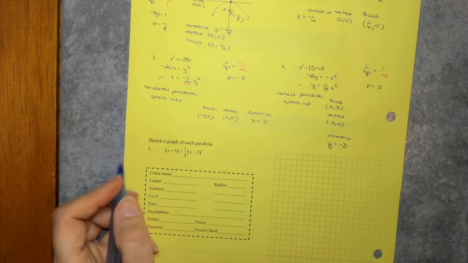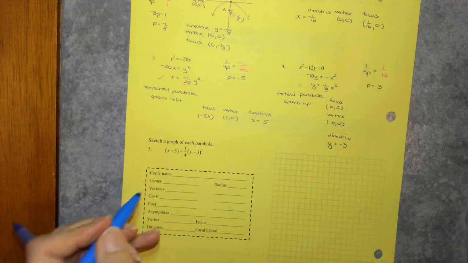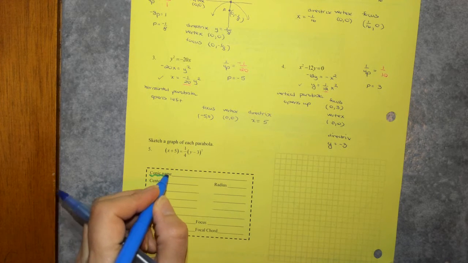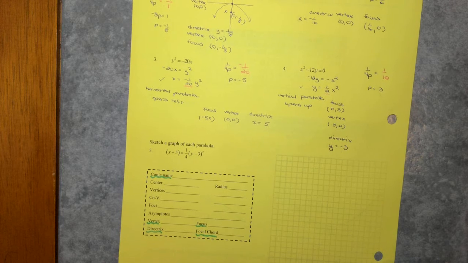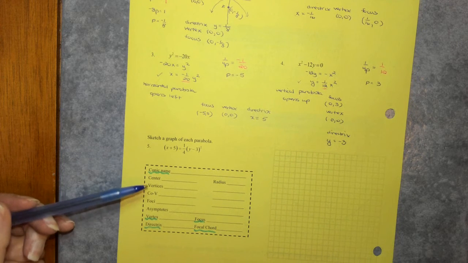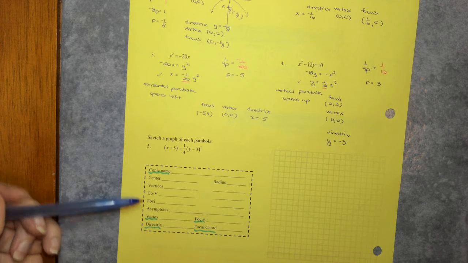As we do this, what I want to remind you of is that whenever we are doing a parabola, we're always going to use the name, okay? But then we're going to jump down here and do vertex, focus, directrix, and focal chord. The nice thing about this answer box is that it has continued to expand as we go.